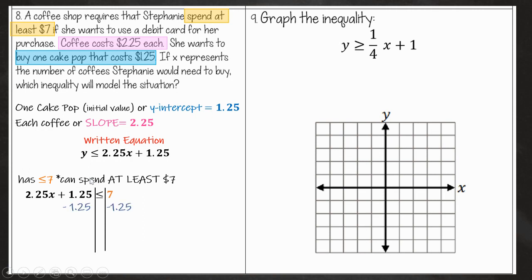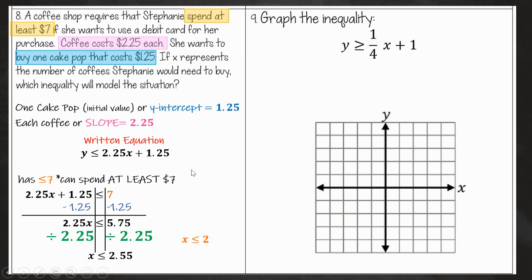So she's going to spend at least $7. The equation would be 7 is less than or equal to 2.25x plus 1.25. And you actually don't even need to solve it, even though we've gone ahead and done that for you. That means that she would need to buy at least 2.55 coffees. So she would have to buy at least 3 coffees in order to meet her minimum.